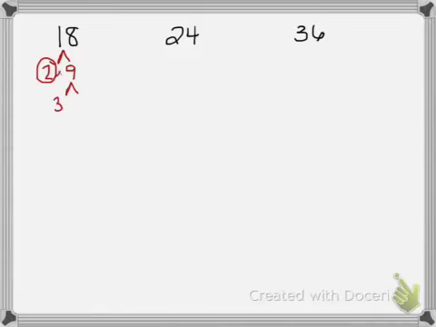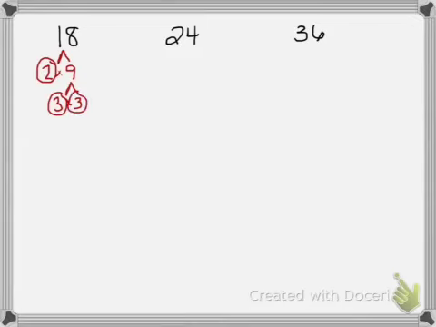Okay, let's try another example with 3 numbers. This time we're going to find the GCF and LCM of 18, 24, and 36. As you know, the first thing we're going to do is the factor tree. 18 is made up of the factors 2 and 9, and 2 is prime, and 9 is made up of 3 times 3, and 3 is prime.